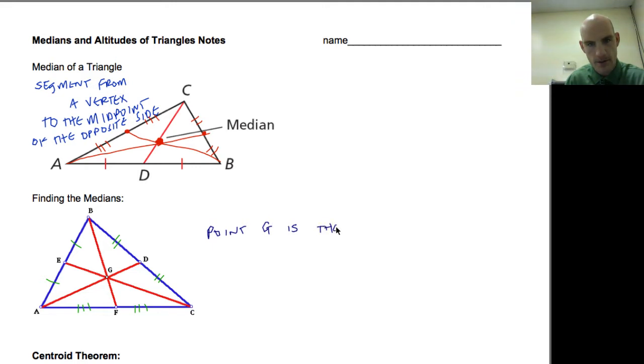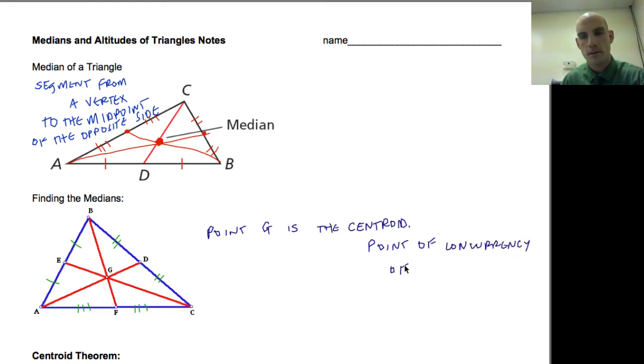Point G is called the centroid. It is the point of concurrency of the 3 medians.